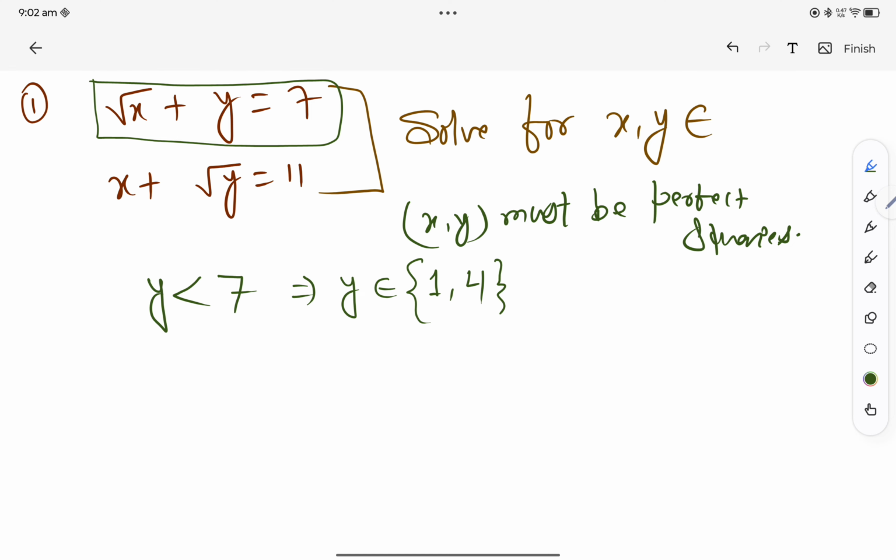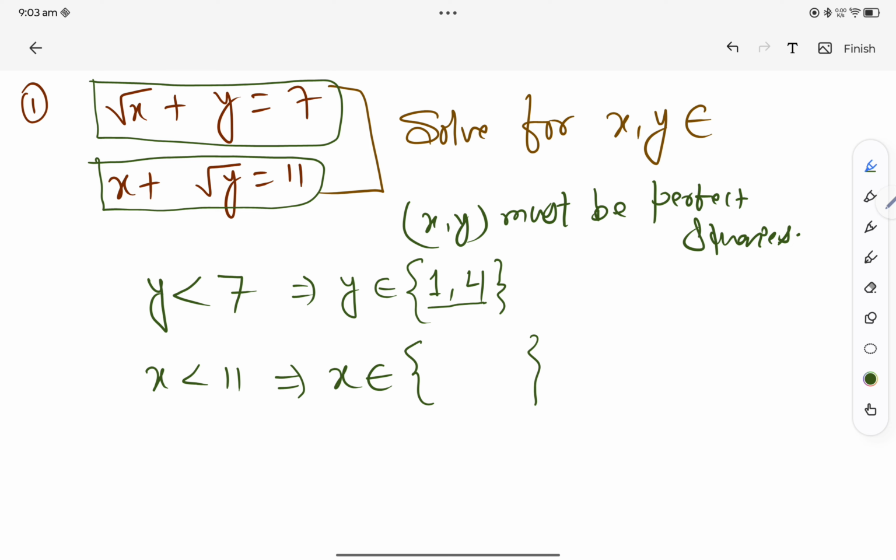If you interpret the other equation, you notice that x must be less than 11. So x can be any perfect square number less than 11, which can be 1, 4 and 9.